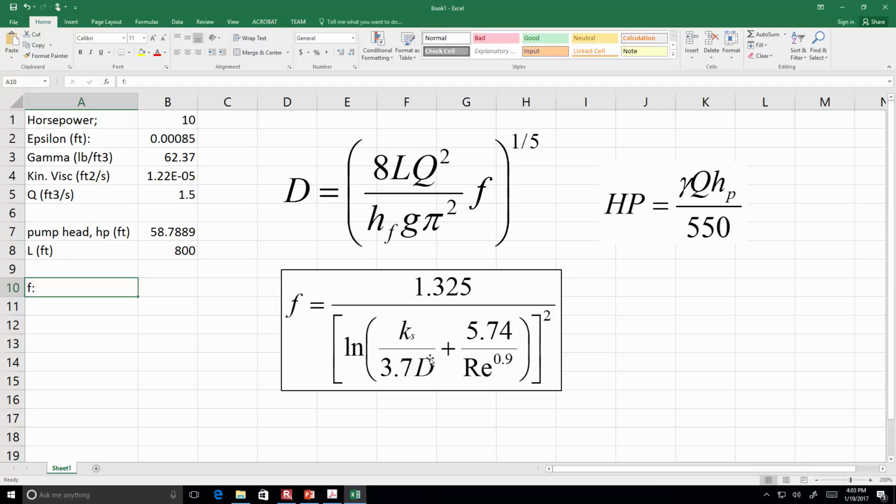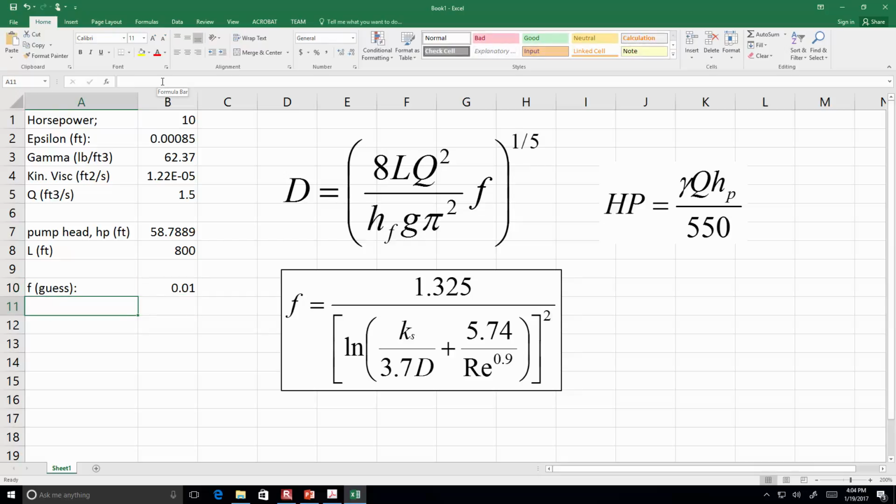One is just to say, well, maybe it's 1 foot in diameter, and then find out the Reynolds number based on the flow rate, the relative roughness term, and so on. Another approach is just to start with a guess value of F, just drawing it out of thin air. Let's take that approach. Let's just say we have a guess value of F the first time around of 0.01.